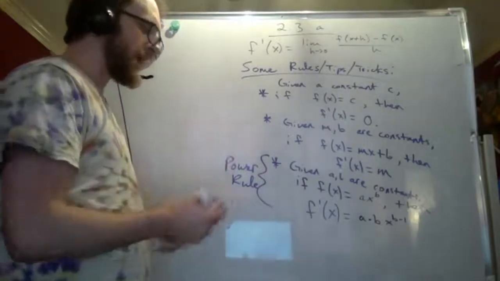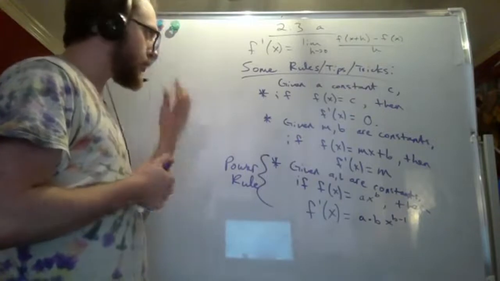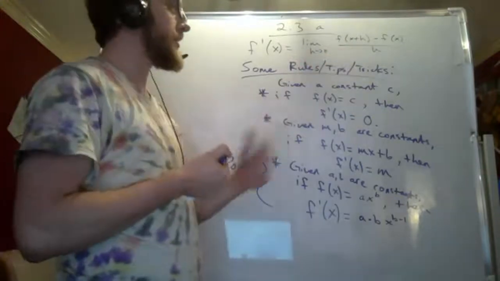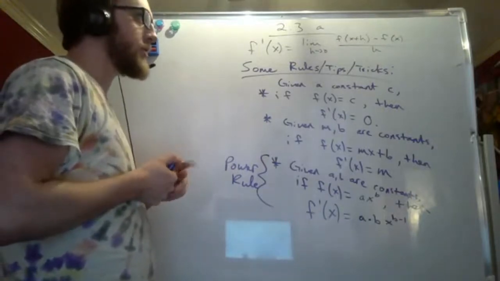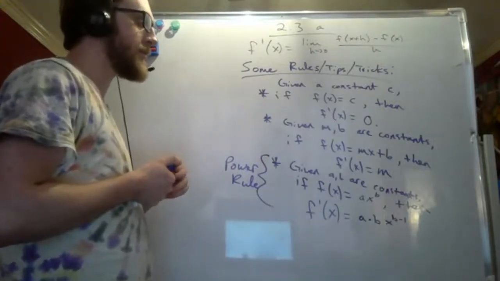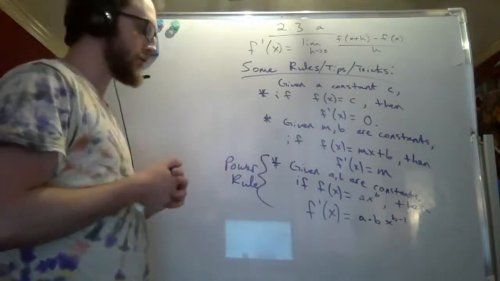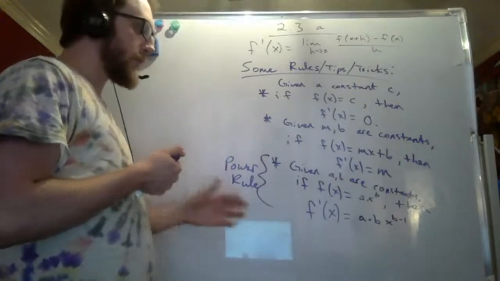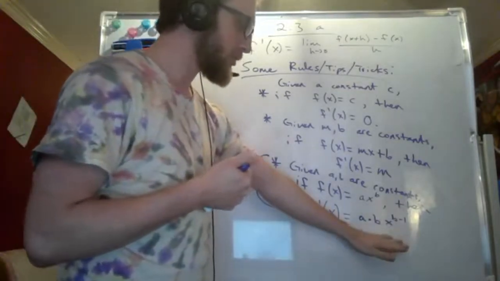In terms of why it's true, in order to prove it using the limit definition for the derivative, we actually need some induction and a few other things, which is a little beyond the scope for this class. So I'm not really going to talk about why this is true.